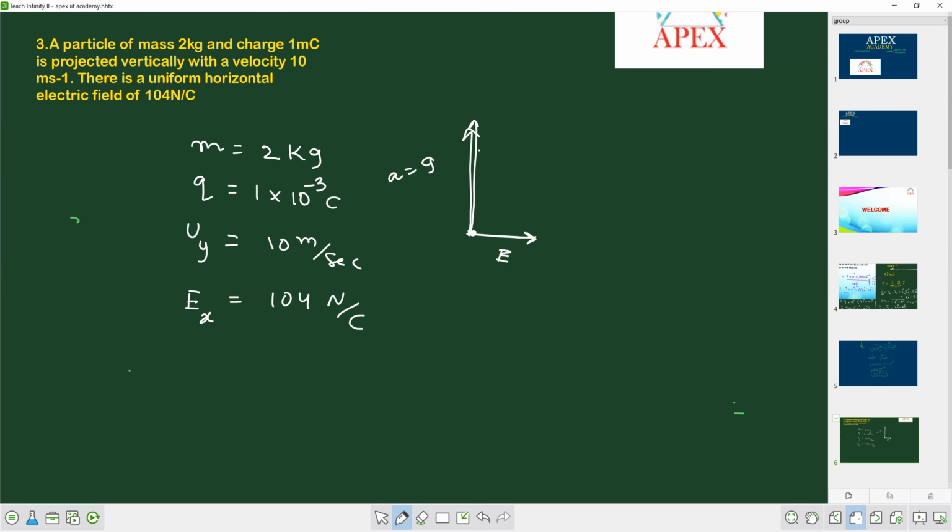Along the horizontal, you will have the acceleration which is equal to EQ by m. Whenever any particle is placed in a uniform electric field, it will have motion along the same direction as the electric field if it is a positive charge. And the acceleration formula is EQ by m only. So horizontally it is uniformly accelerated motion, and vertically also it is uniformly accelerated motion.